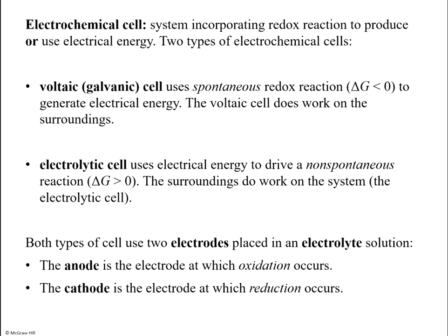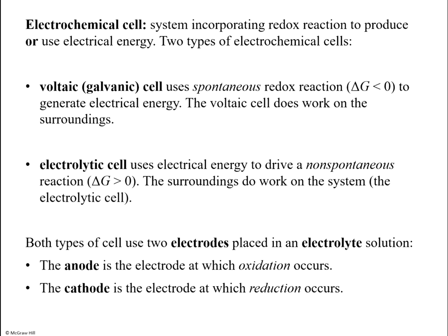The voltaic cell does work on the surroundings. The electrolytic cell uses electrical energy from an external source to drive a non-spontaneous reaction, one which has a positive delta G. In this case, the surroundings are doing work on the system, that is, the system being the electrolytic cell.